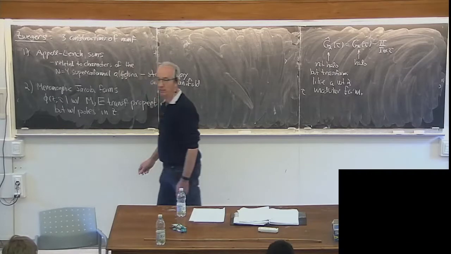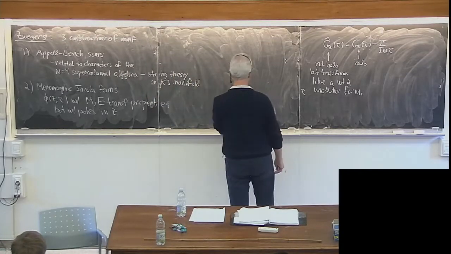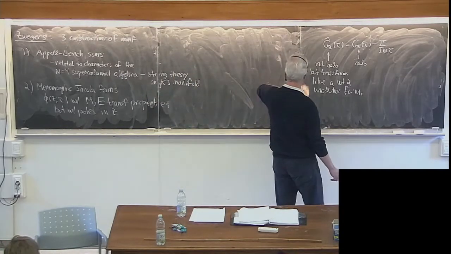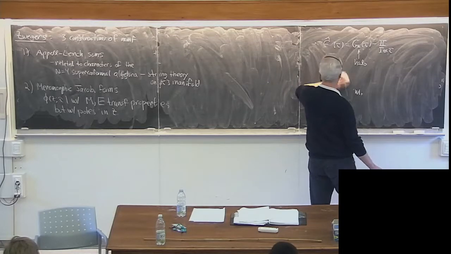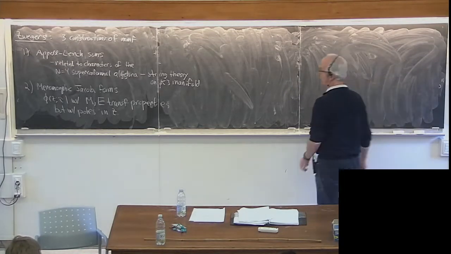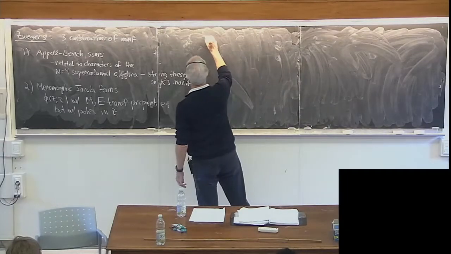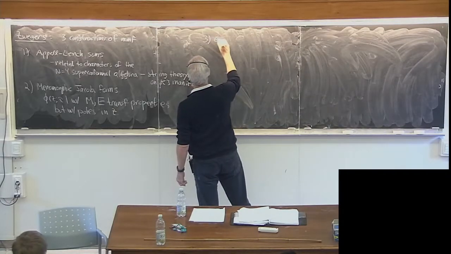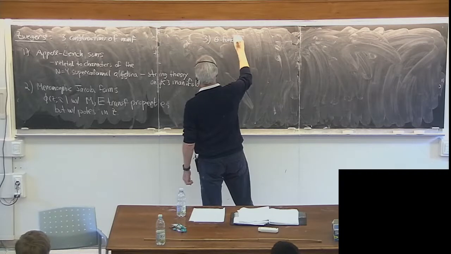And he showed that when you have such meromorphic Jacobi forms, there's a way of extracting a Mach modular form from them.